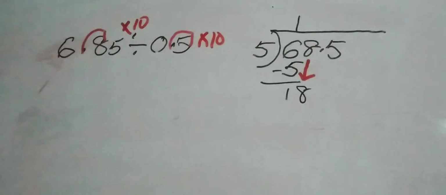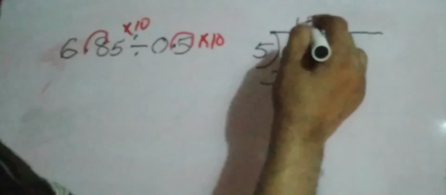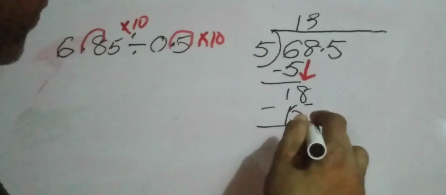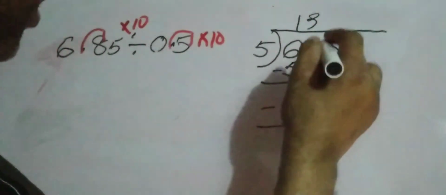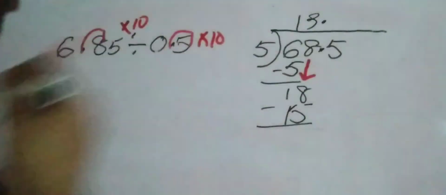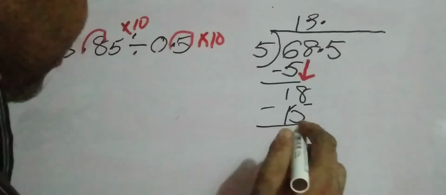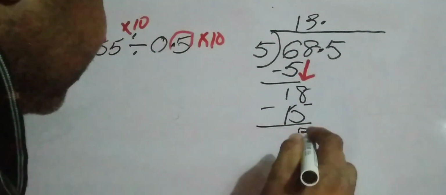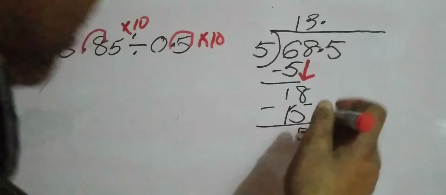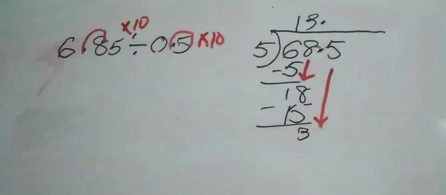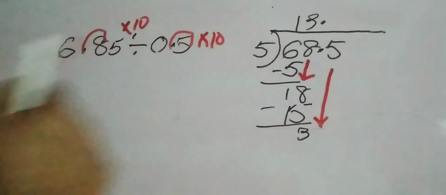So we're going to say 5 into 18, that goes 3 times. 5 3s are 15, and we subtract. And we have to put our point exactly over where the point is in the dividend. So 15 from 18 leave 3. 5 can't go into 3, so we're going to bring the 5 down to join the 3. So we're going to have 35 there.